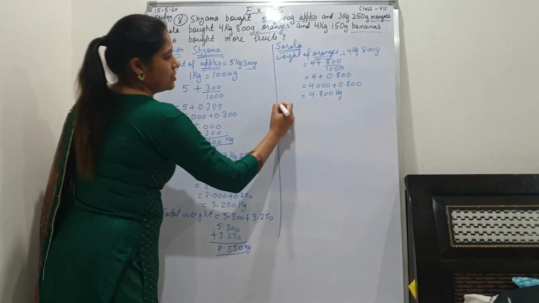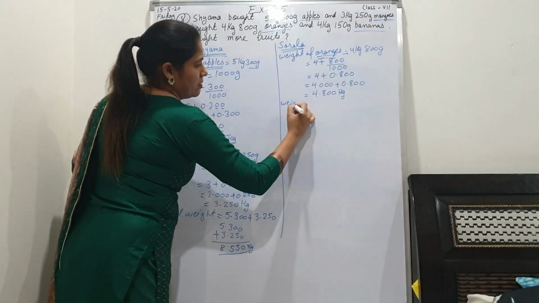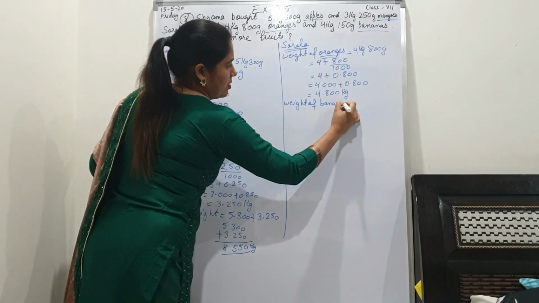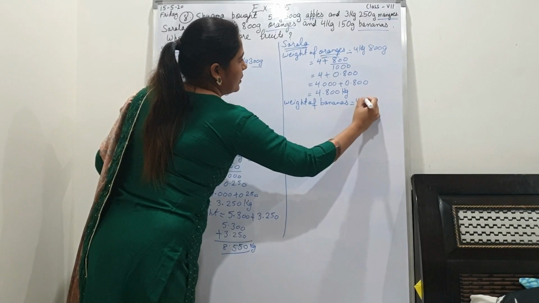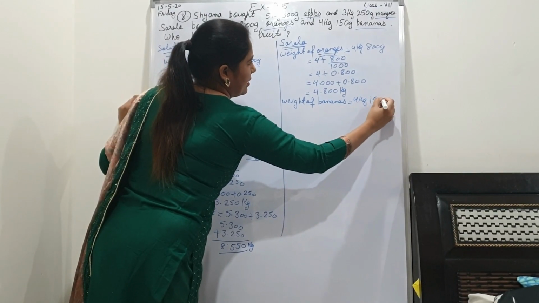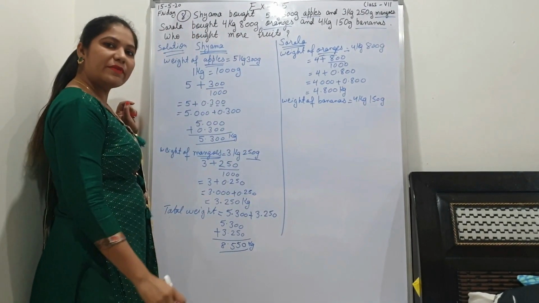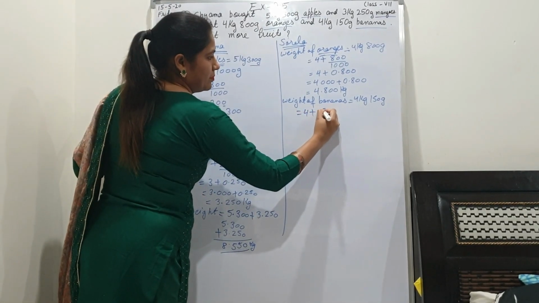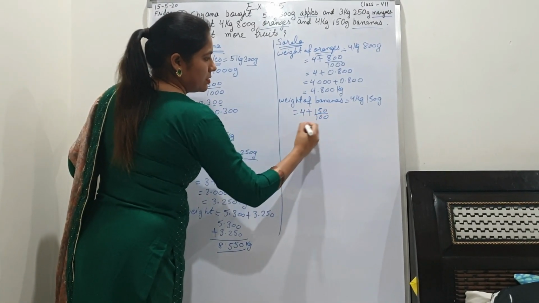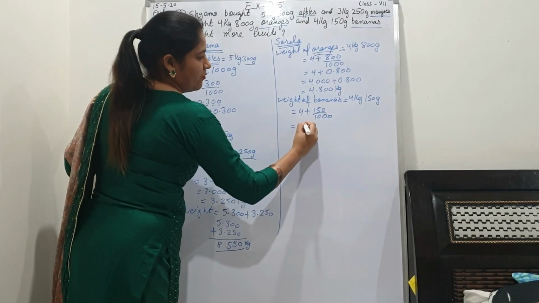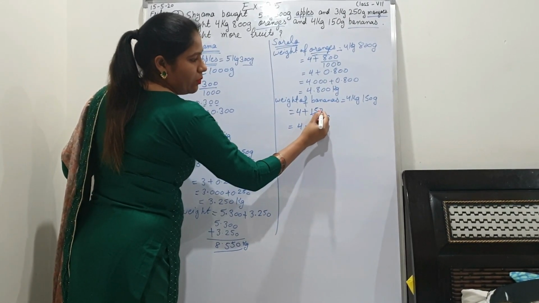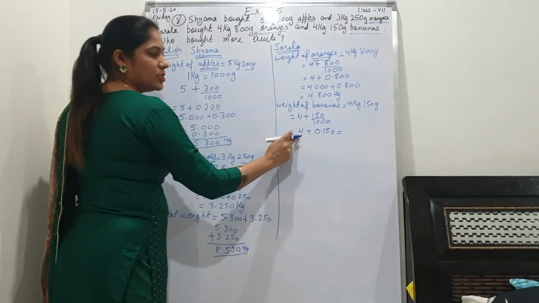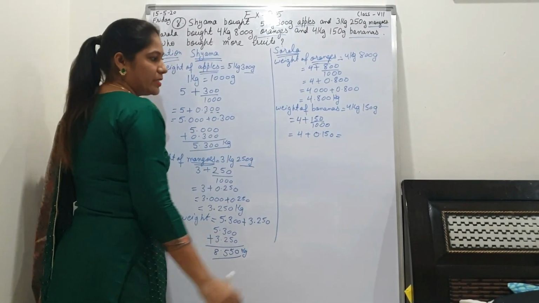Now bananas. 4 kg 150 gram. Converting to kg by dividing by 1000. 4 plus 0.150, leaving 3 decimal places. Again into like decimals by putting 0 at the extreme end.